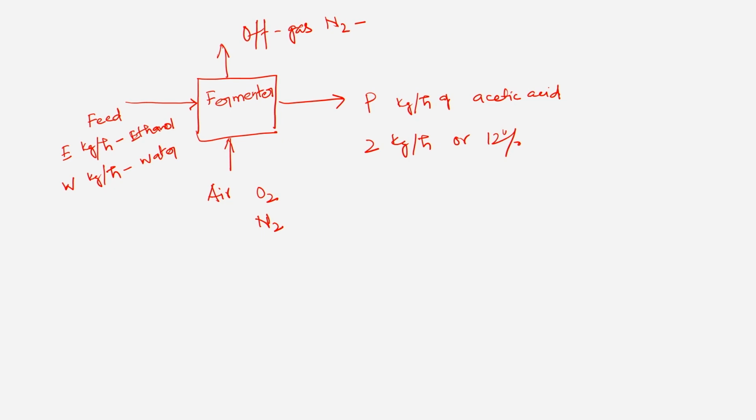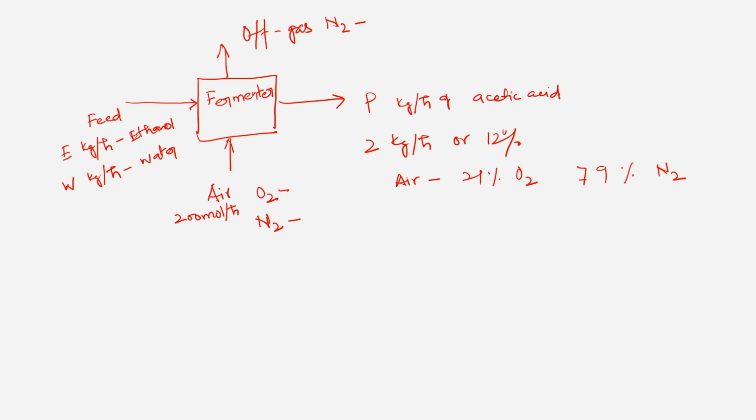It is 200 mole per hour. How much air is supplied? 200 mole per hour. Now, as we know, air typically contains 21% oxygen and 79% nitrogen. So, we can calculate how much oxygen and how much nitrogen is being supplied.